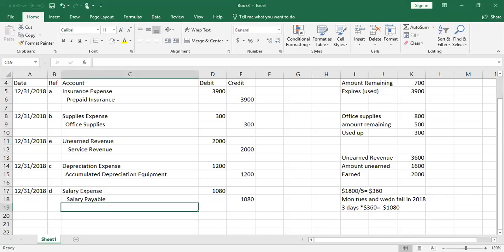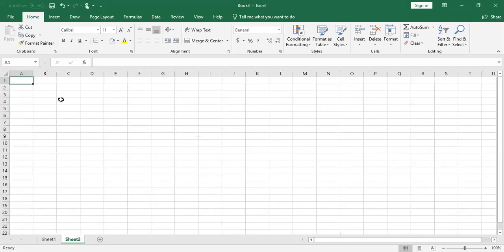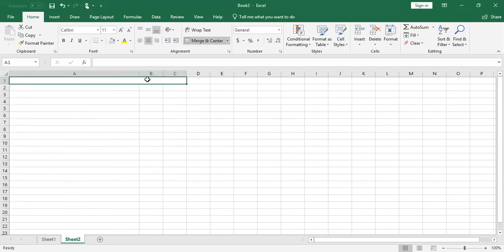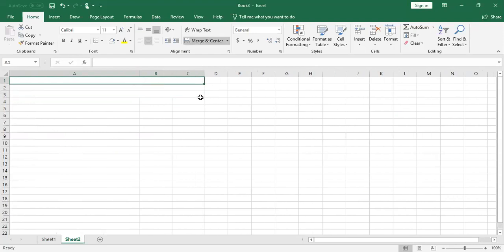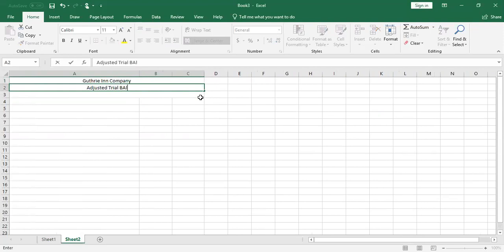There is a trial balance worksheet there, and you're going to create a trial balance now using the updated balances of your T accounts after posting those adjusting journal entries. So we have Guthrie and Company, adjusted trial balance, December 31st, 2018.